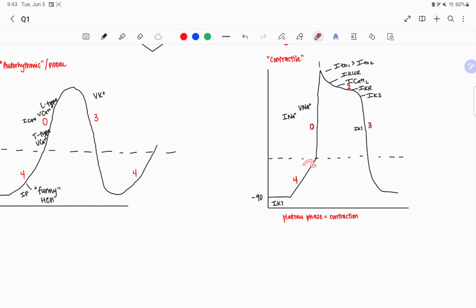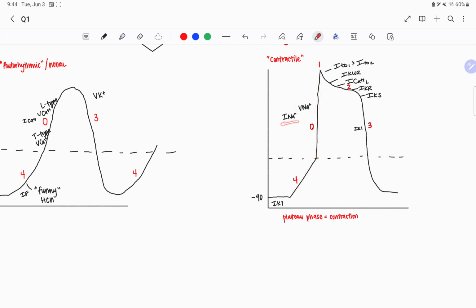Okay, so we have phases 4, 0, 1, 2, and 3. So we have 5 phases on this one. Okay. Same thing, 4 is the graded potential. 0 now is the action potential, and as you'll see, we have our friends, the voltage-gated sodium channels, back.